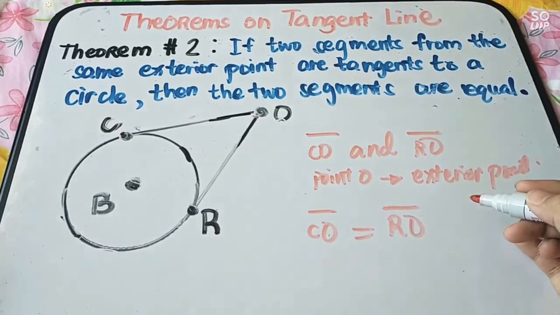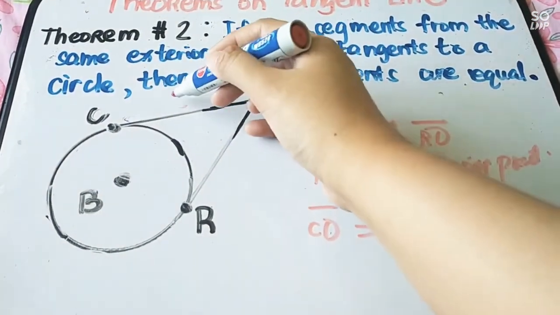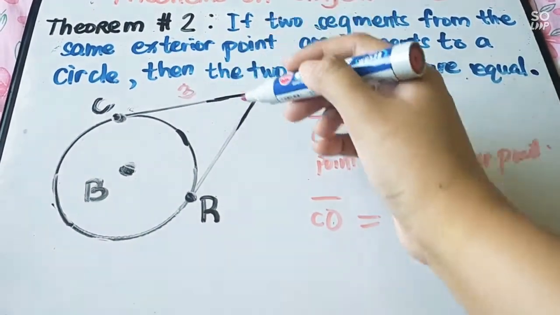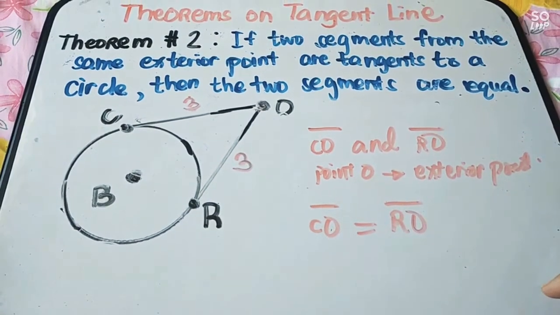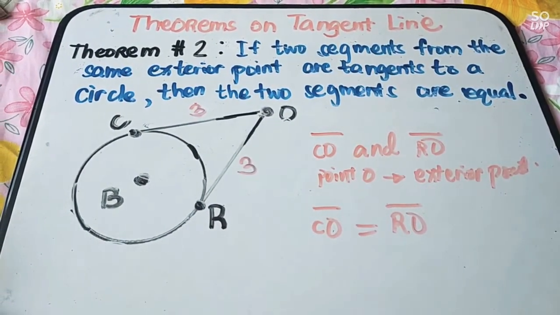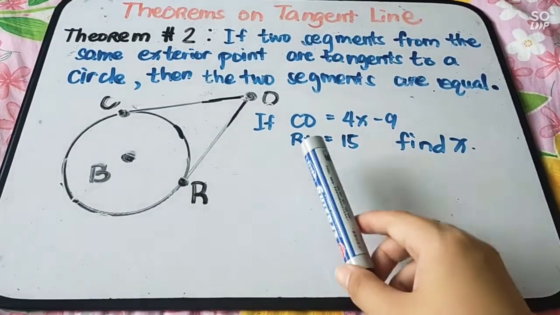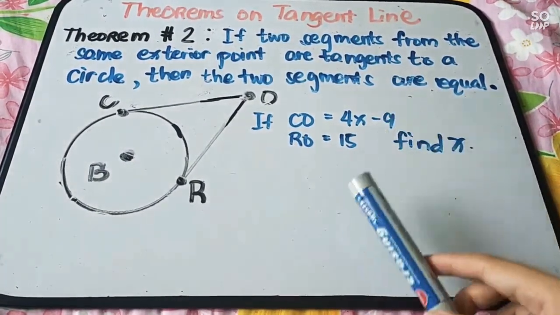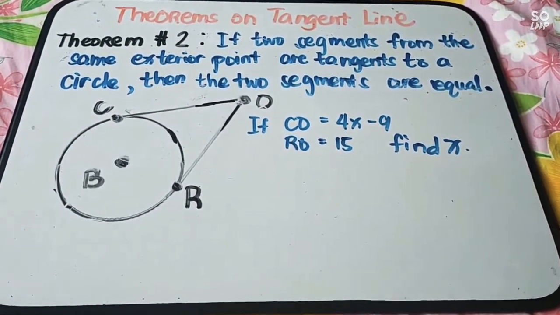They are equal. So, since they are equal, if CO is 3, therefore, RO is also 3. Is it clear? That is theorem number 2. Let's have another example. If CO is equal to 4x minus 9 and RO is equal to 15, find x.